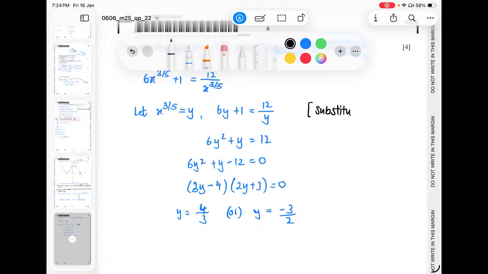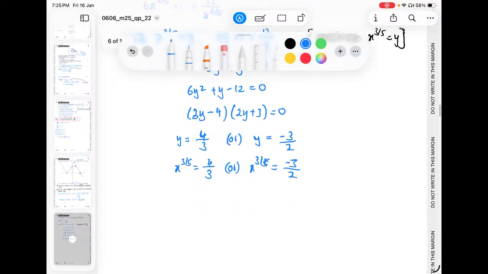Substitute x^(3/5) to be y. So now you can just bring the x^(3/5) again, which is going to be 4 over 3, or x^(3/5) equals negative 3 over 2.